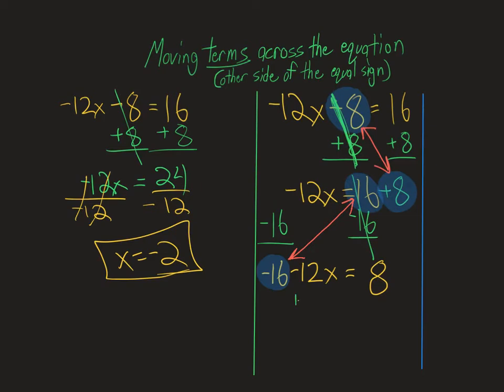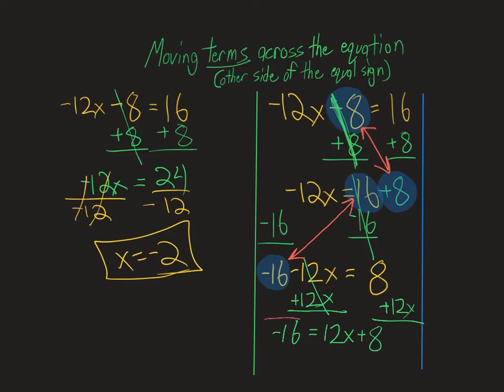What if I want to move that x term, the -12? I can cancel it, move it across to the right. And for all this jumping around we just did, notice what we have: -16 equals, I'm going to put the 12x in the front and the +8 behind it.